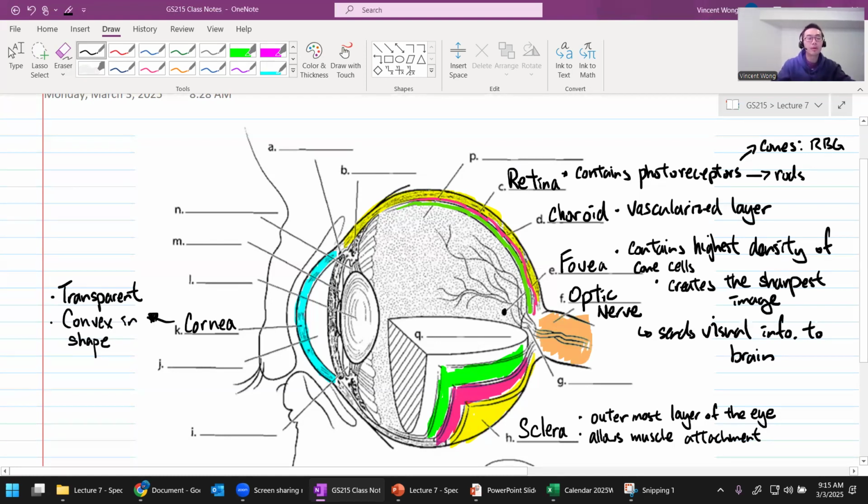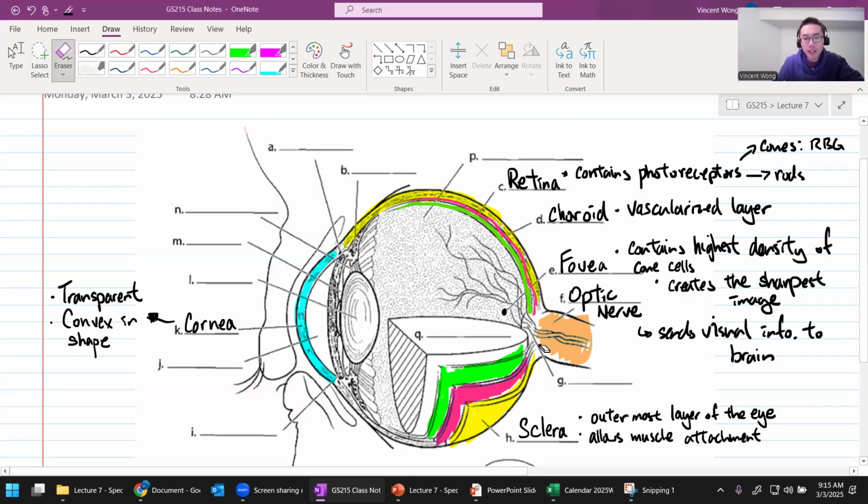Does anybody remember which part of the brain is responsible for processing visual information? Where does it all go? Okay, if you don't know that, you should review it. It goes to the occipital lobe at the back.